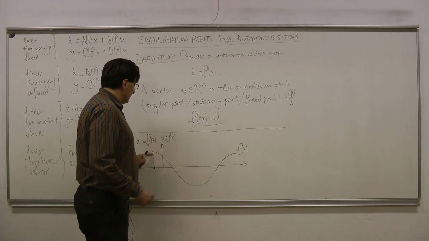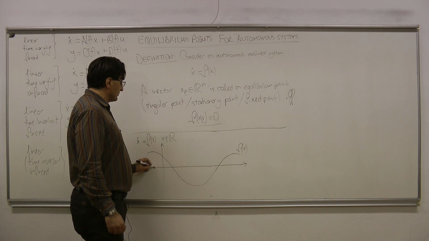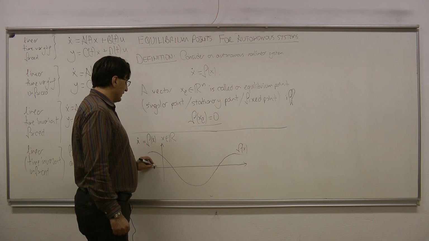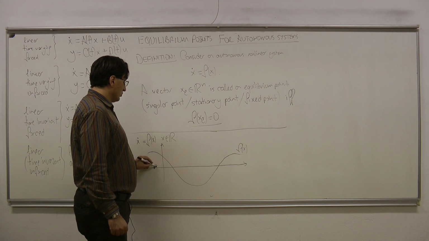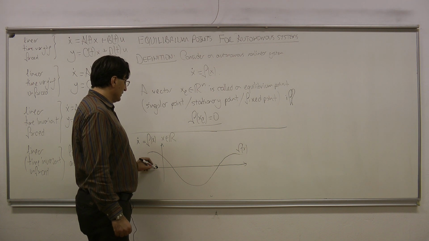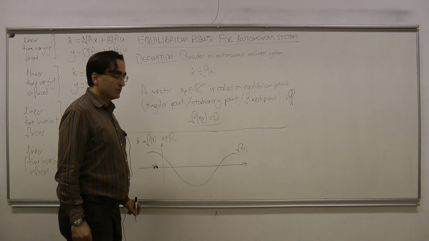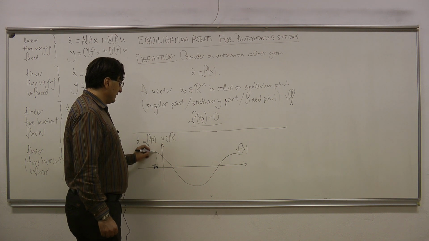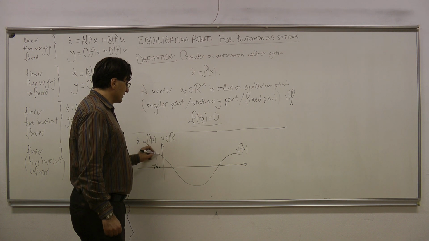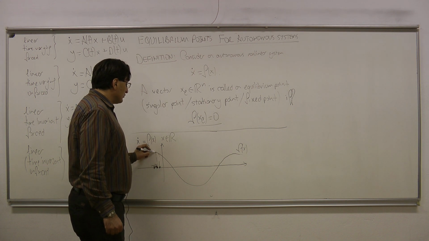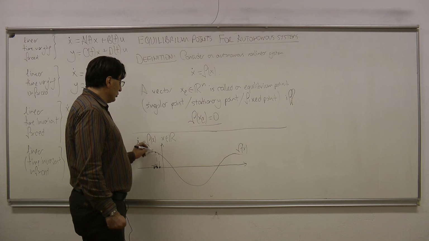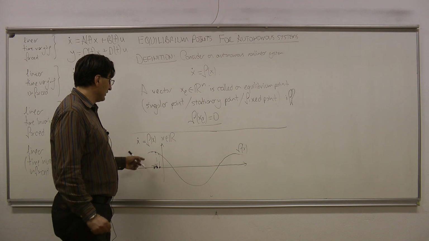So it means that when I start this system somewhere here, then x is going to go towards the right. So we are going to land at a point to the right of this initial point. But f is still positive at that point, so we're going to move even further to the right. But you see that the value of f of x is changing at these points.